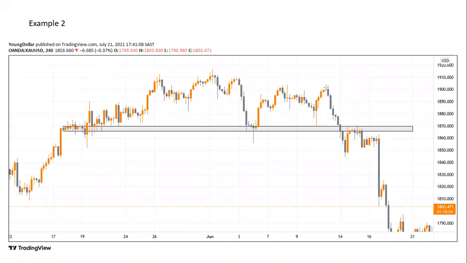We then see price now break the level, pushing into the market with a momentum candle. At this point, it's completely useless for you to say that you want to enter the market based on that candle, and to say that this is a momentum candle and you are seeing price push to the upside.